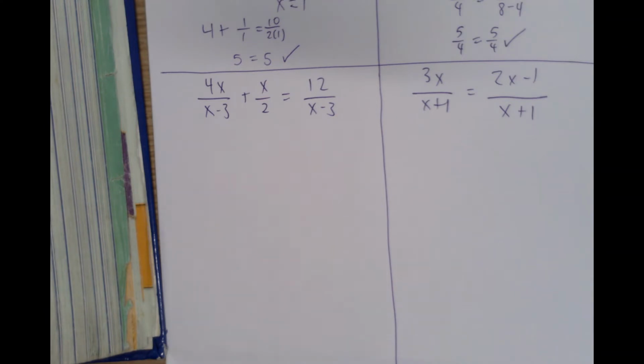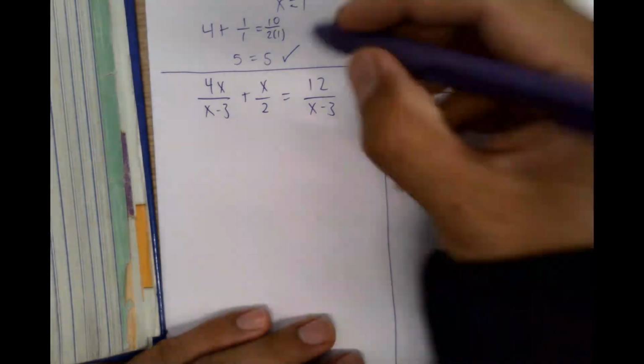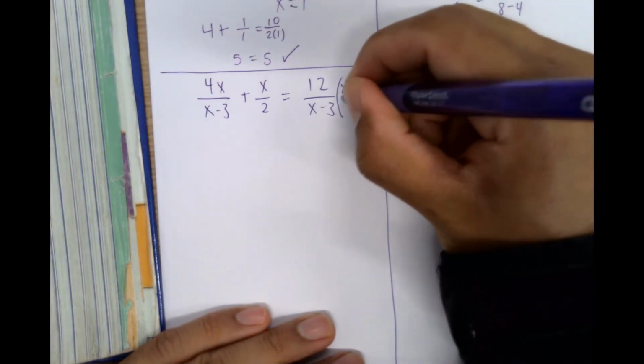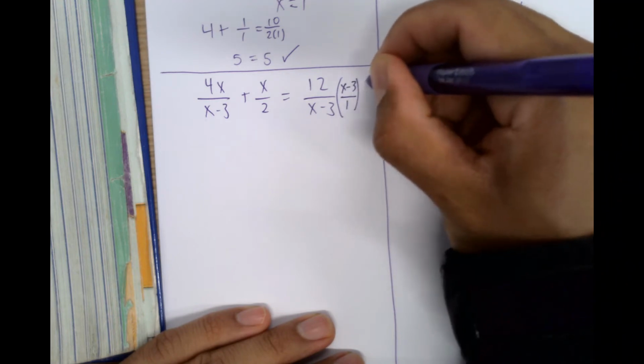On this one, you could see that one technique we could use is to get rid of the denominators by multiplying everything by x minus 3. And there's a 2, so we're going to multiply everything by 2.